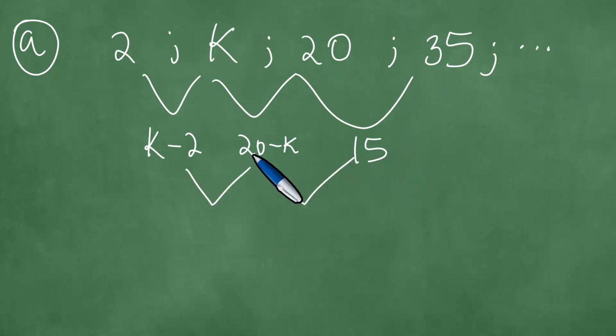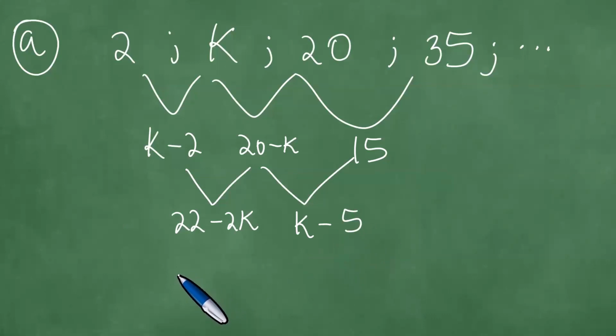Next, this term minus that term actually gives 22 minus 2k. Then this minus that gives us exactly k minus 5.